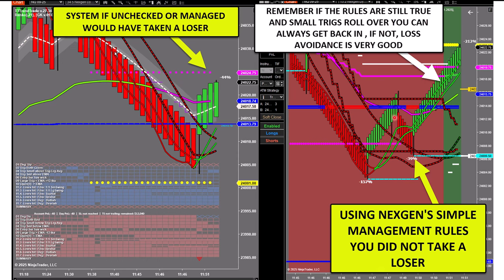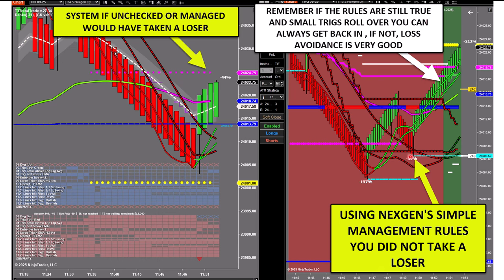So, again, it just becomes a great entry, a really good managed exit. You don't lose a bunch of money because you're waiting for some dumb ATM to get you out at 60 ticks loss. Please don't do that, guys. Come on now. Use your smarts and use all the good stuff and you're really going to love your system a whole lot more.